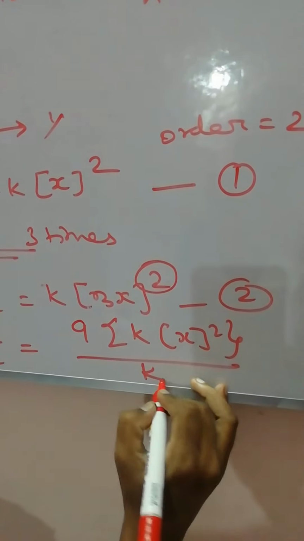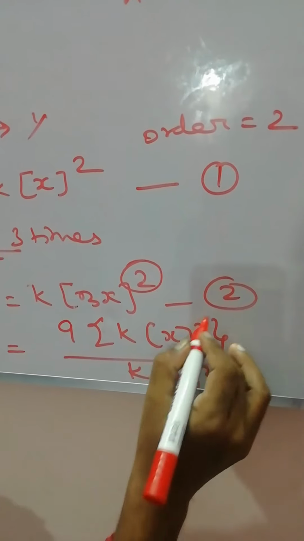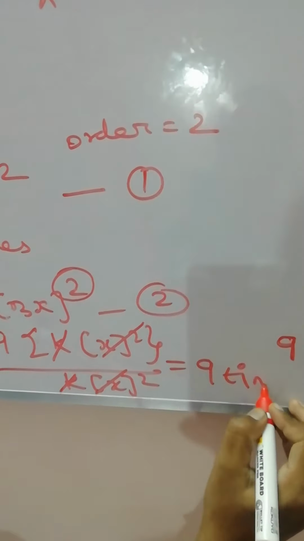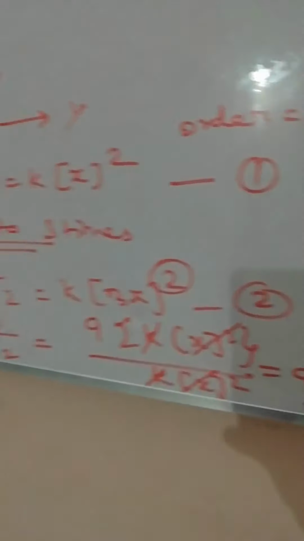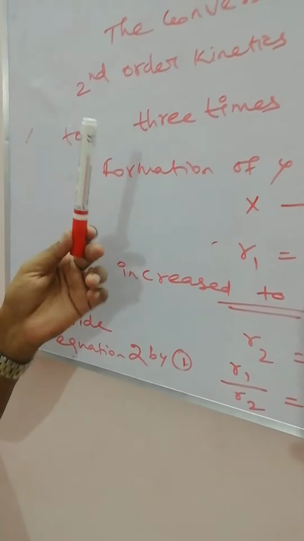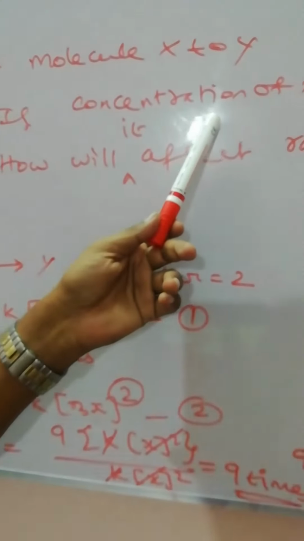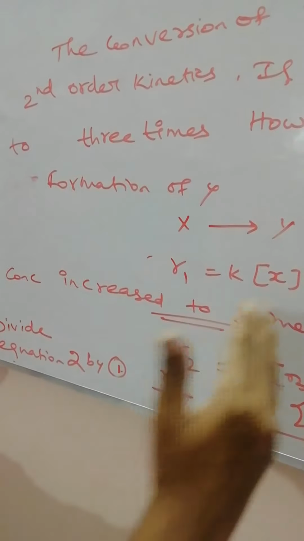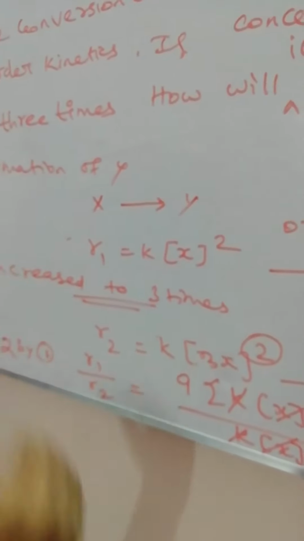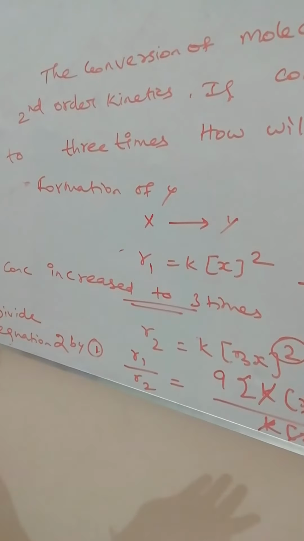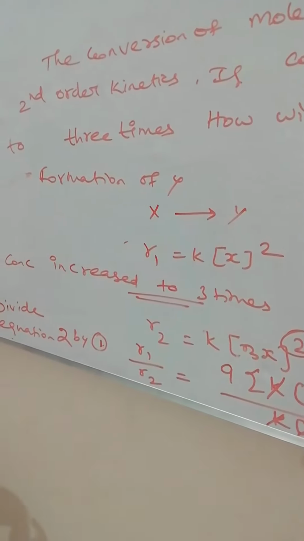X square cancels, K cancels, so 9 times. So the formation of Y is 9 times faster. If I increase the concentration of the reactant 3 times, the formation of product will be 9 times because it is a second order reaction. It is a square, because it is 3 square, 9. That's the thing we have to explain in this sum.